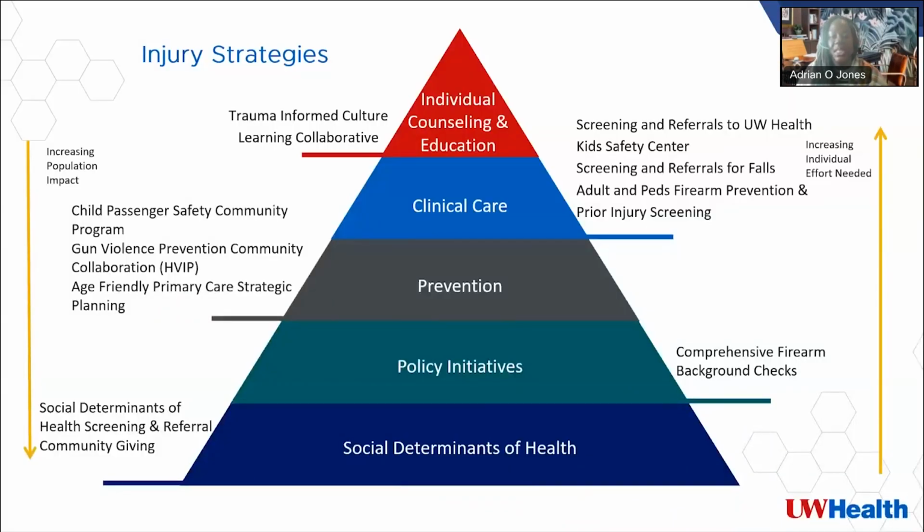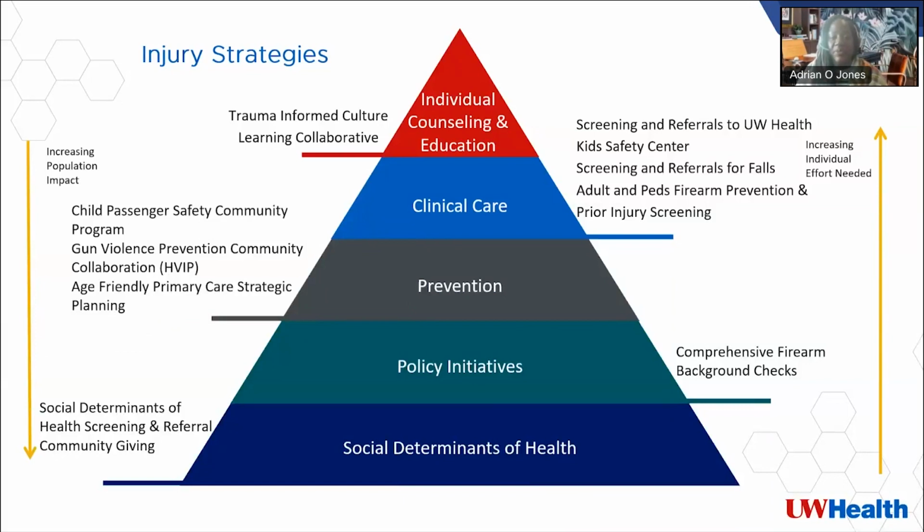So for injury prevention, and I should have mentioned this before, across our community health implementation strategy, we're addressing health outcomes with not just the adult population, but pediatrics. So again, in reproductive justice, chronic conditions, and so forth.